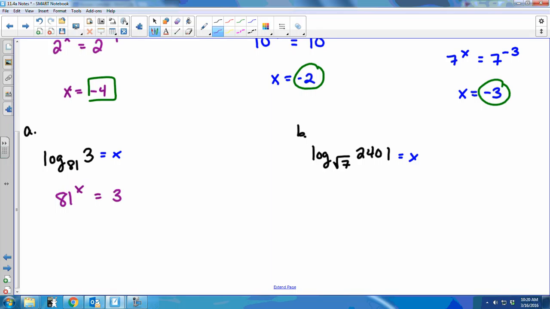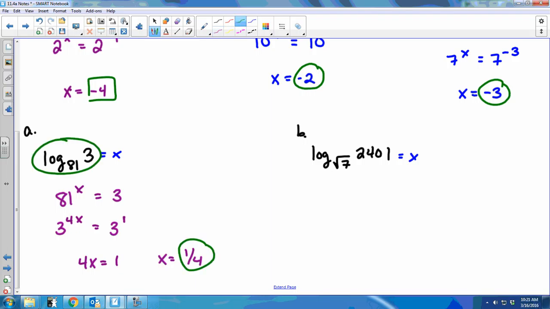Yes. So 3 to the 4x equals 3, and that's 3 to the first, right? So really I have 4x equals 1, and so x is 1/4. We're using the same ideas as learning target 3. We have to rewrite those. So again, that just means that this log is equal to 1/4.